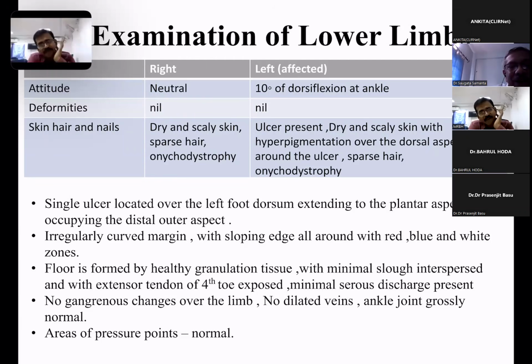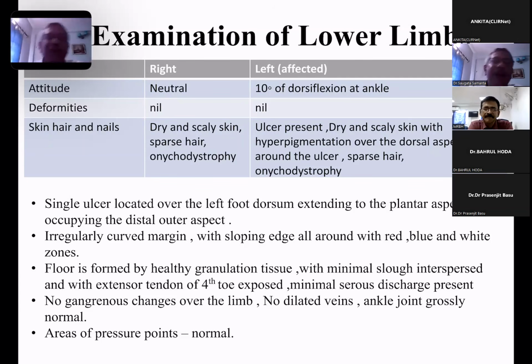Okay, sir. Yes. Dr. Huda, I will try to tell you why this is wrong. Number 1, deformities are basically things that we will talk about. But dorsiflexion at the ankle is an extremely unlikely finding in a diabetic foot. You know why?